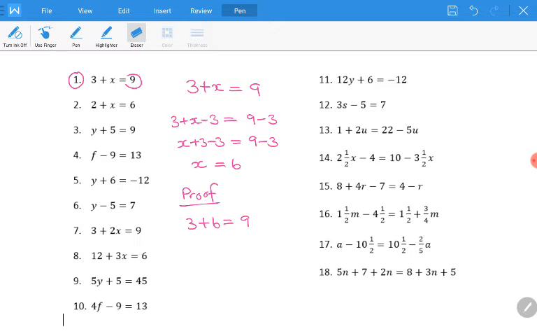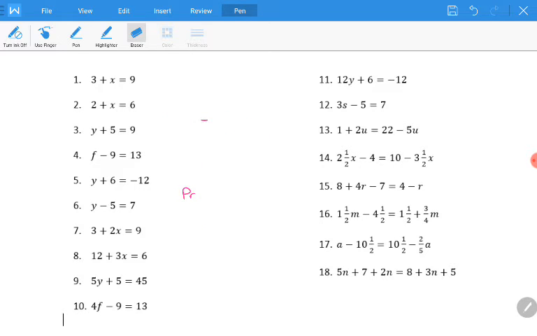I'm now going to demonstrate the other way this equation can be solved, but I'm going to use a different question. Let's look at question number 2. Question number 2 is saying 2 plus x is equal to 6. This is the method that I prefer.